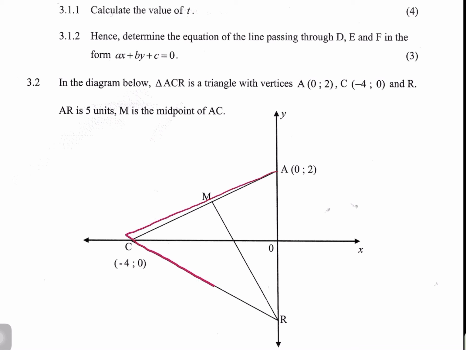The triangle ACR just right here is a triangle with vertices, that means the points, with the points A, C, and R.